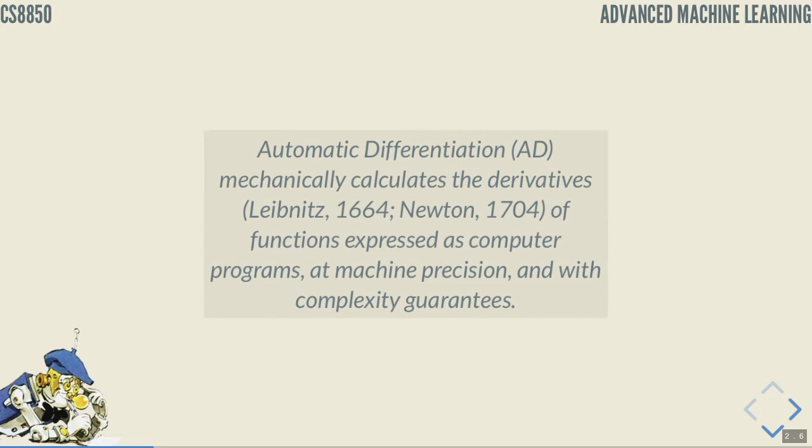So what is algorithmic or automatic differentiation, AD? Automatic differentiation mechanically calculates the derivatives of functions expressed as computer programs at machine precision and with complexity guarantees.